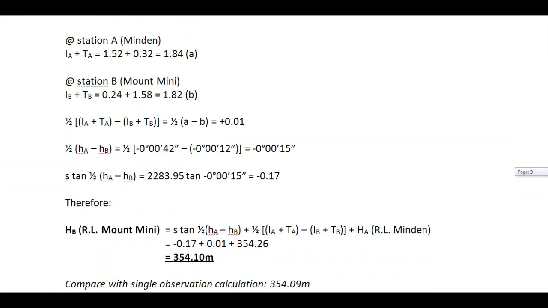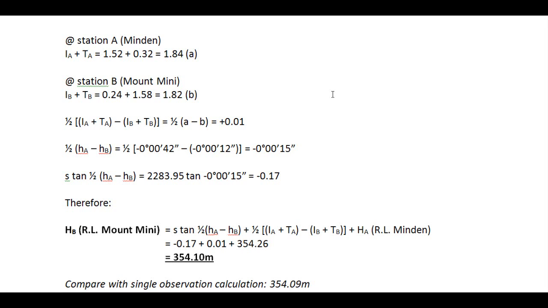So let's just have a look at the station A, which is Minden, and what we're going to do there is take the instrument height at A plus the target height, add them together, gives us 1.84, which we'll call A. And looking at station B, Mount Minnie, take the instrument height there plus the target height, so that's 0.24 plus 1.58 gives us 1.82, which we will call B. So now working out that part of the formula concerning the instrument heights, we take half of A minus B, which is 0.01.